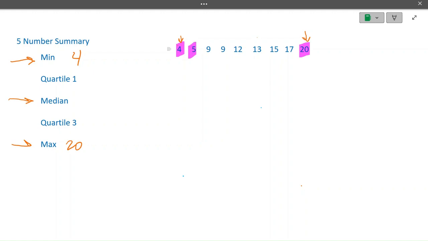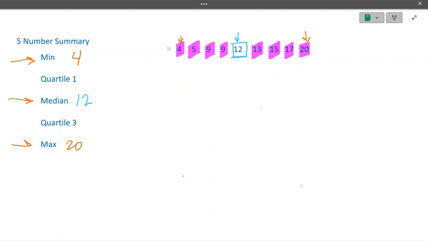So I went in 1, 2 on each side, 3 on each side, 4 on each side, right? And now our middlemost number is 12, and that is our median. Okay. So we know that 50% of our data falls below the number 12 and 50% of our data falls above the number 12. Okay, we can see that.